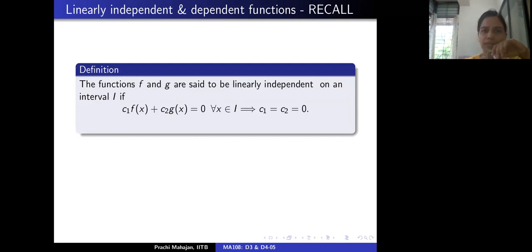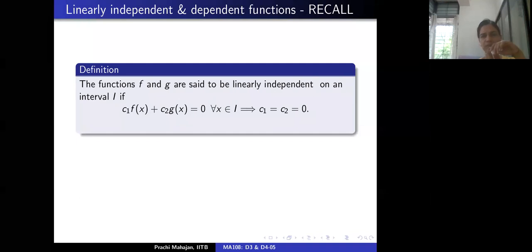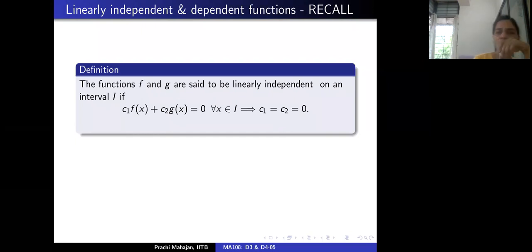Two functions f and g are linearly independent on an interval I if neither is a constant multiple of the other on the interval I. Which means that if there are constants C1 and C2 such that C1 f plus C2 g equals 0 throughout the interval I, then the only possibility is that C1 and C2 are 0. I hope everybody is with me up to this point.